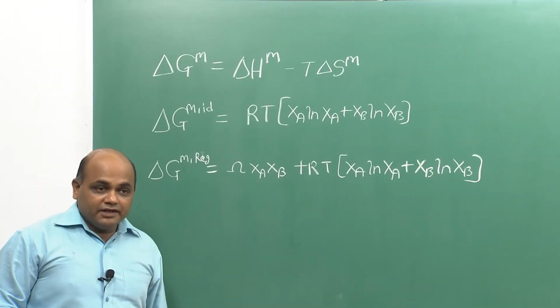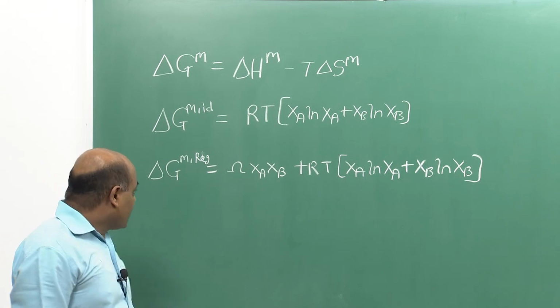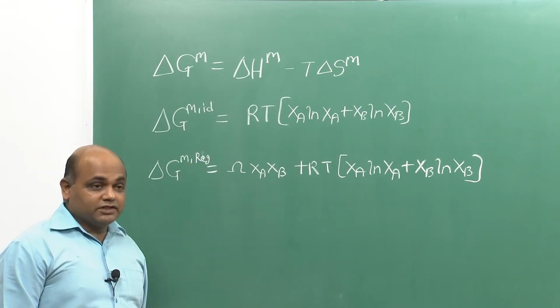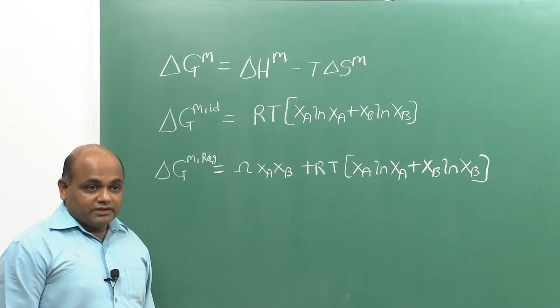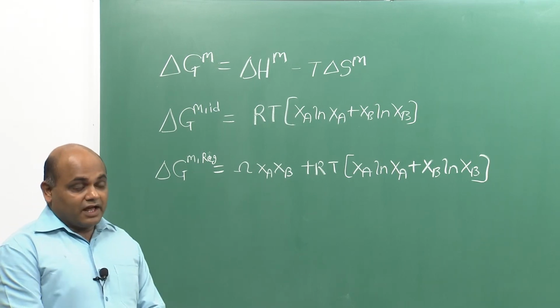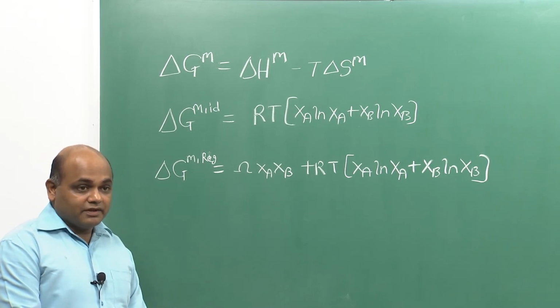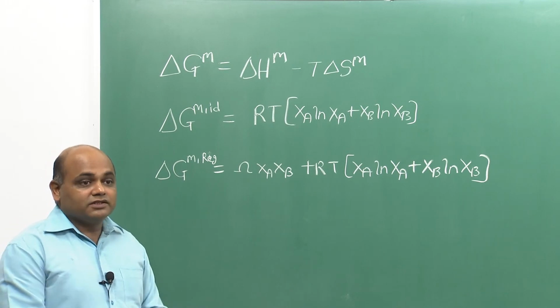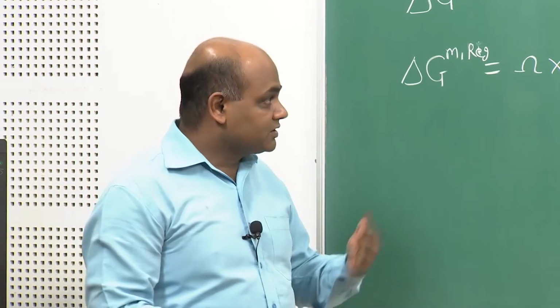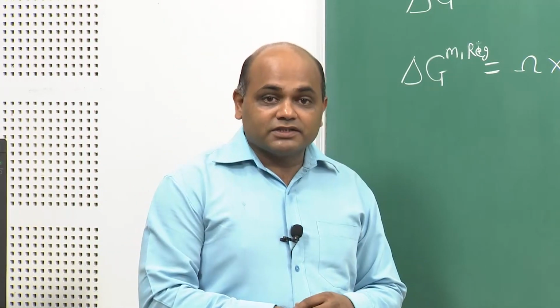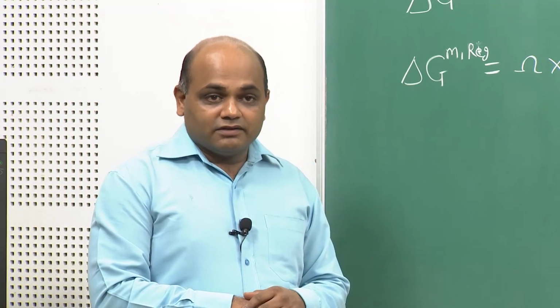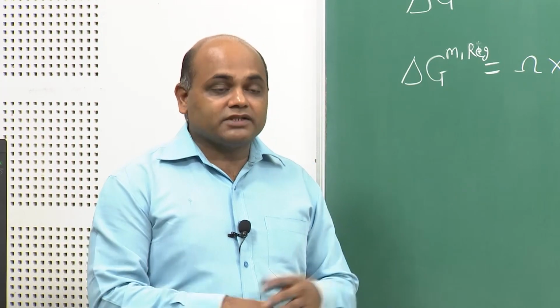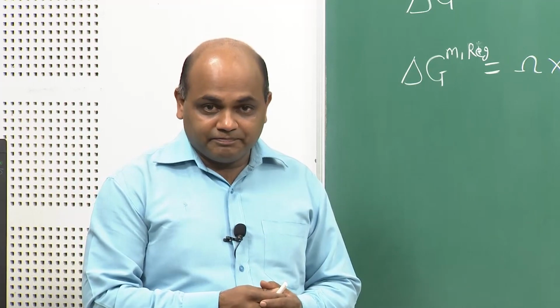But in reality, if delta Hm is not 0, then as I mentioned in the last class, there will be a tendency for short range order, and whenever there is a short range order, the entropy of mixing will not be equal to the ideal entropy of mixing, because then the mixing is not random, right.